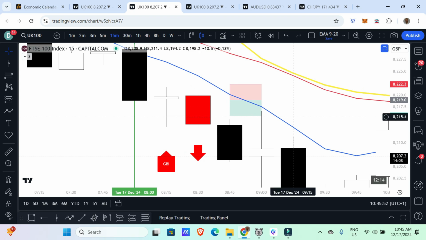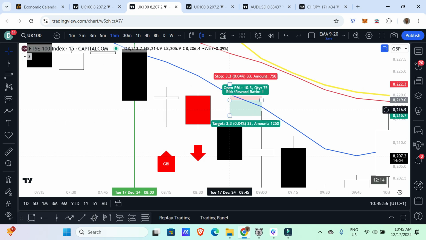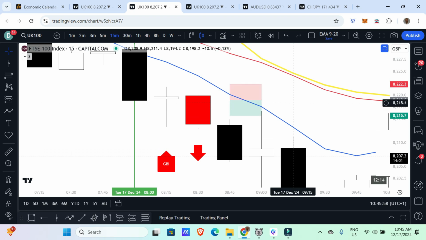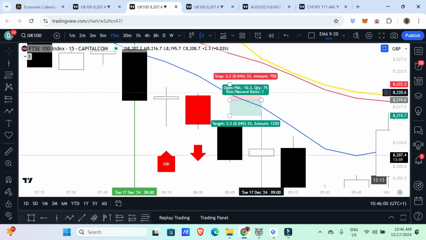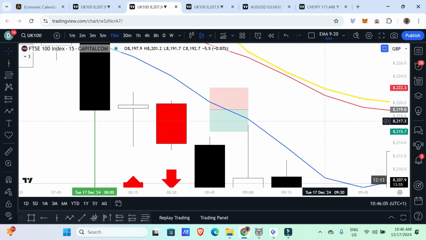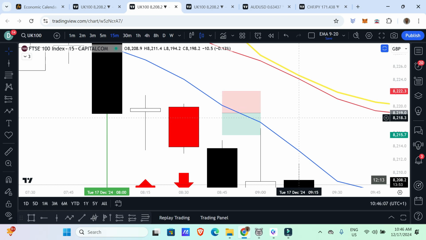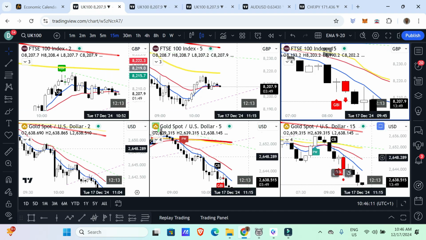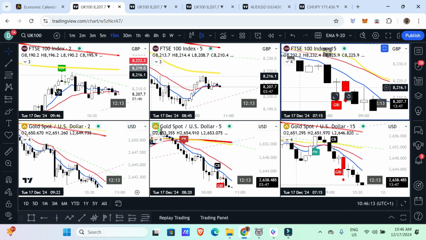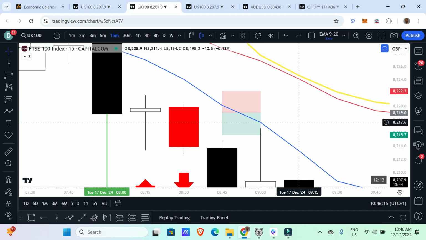I get the signal, I get the entry point, I got my stop loss, and look, that was very, very fast to make $100 or $500 or $1,000. But let me just explain this to you now. If you know how to find this, which we do right now, I showed you here, and I will show you after the indicators that I'm using to help me find these RBIs, GBIs.